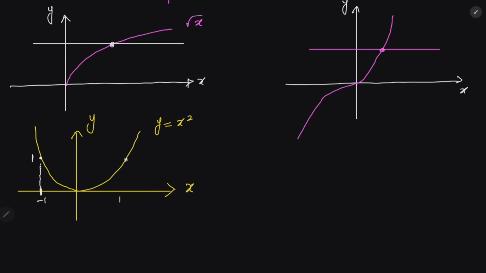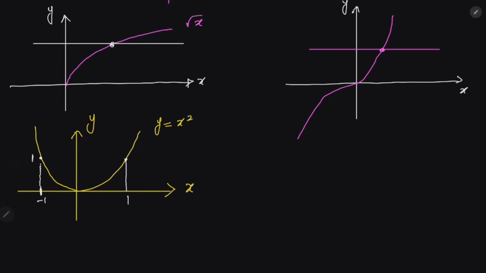I should draw it properly like this. So we have the same range value for two different inputs, and it does not satisfy the definition of one-to-one. If you draw a horizontal line from anywhere on this graph, you can see that the horizontal line passes through two function values.